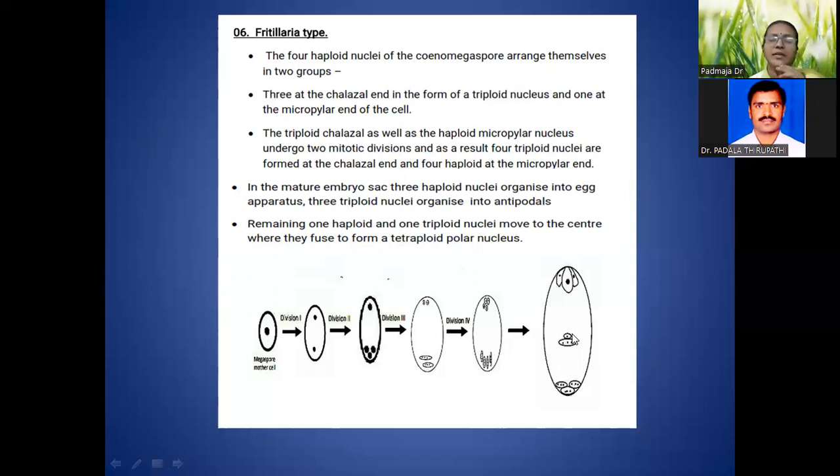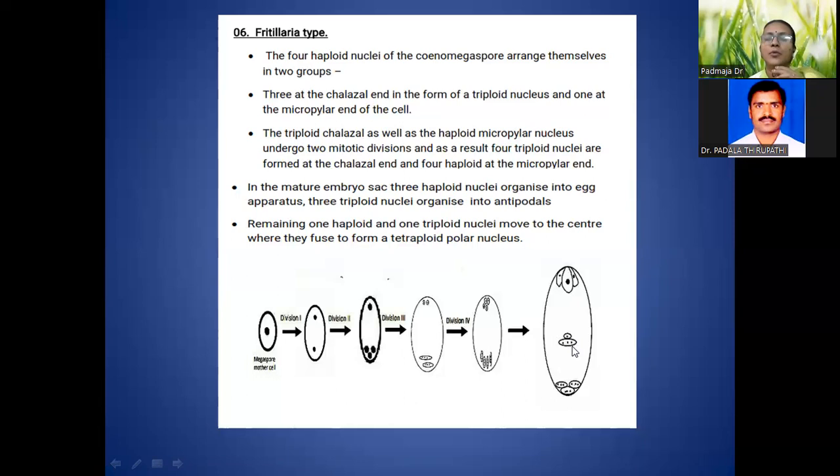So after fertilization, one of the male gametes fuses with the egg. As a result, zygote is formed. Another male gamete fuses with the polar nucleus which contains one haploid and one triploid nucleus. Triploid means two nuclei are present.